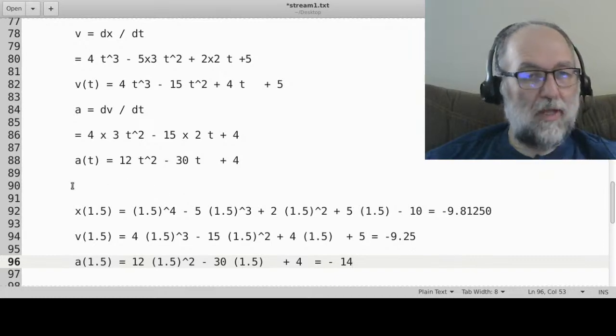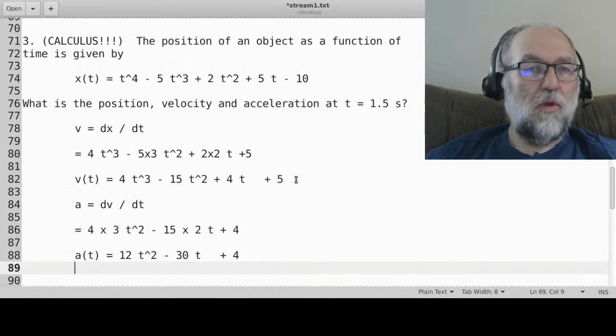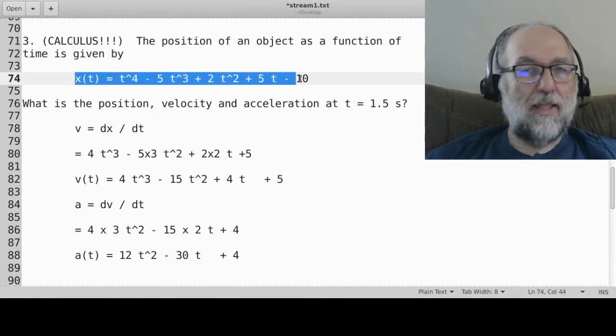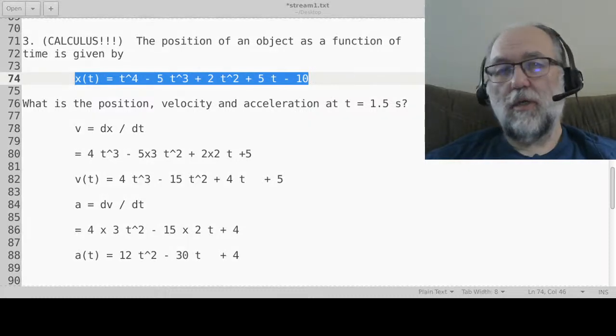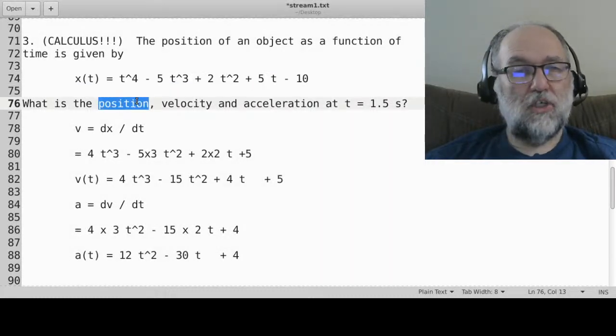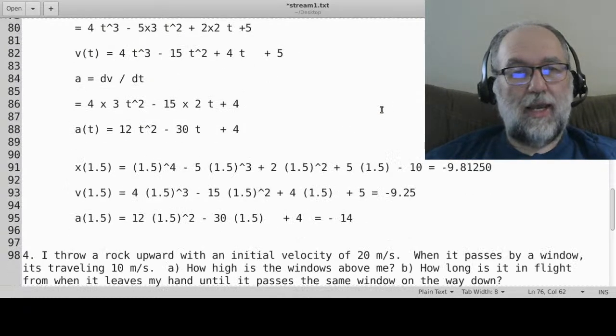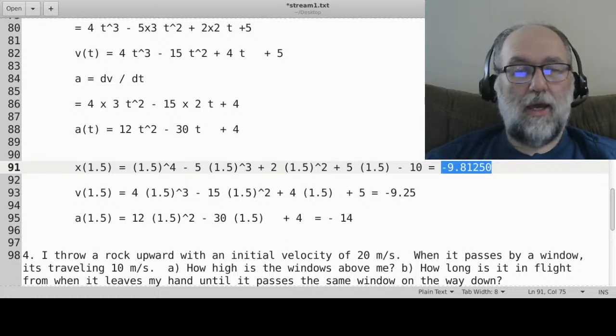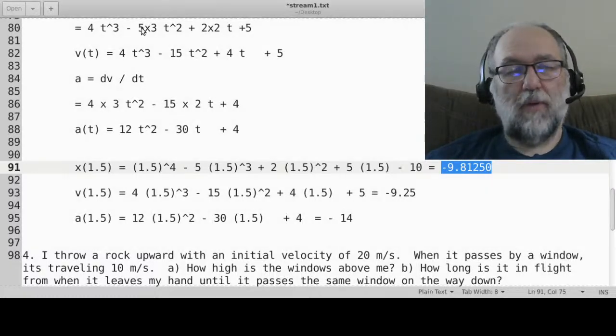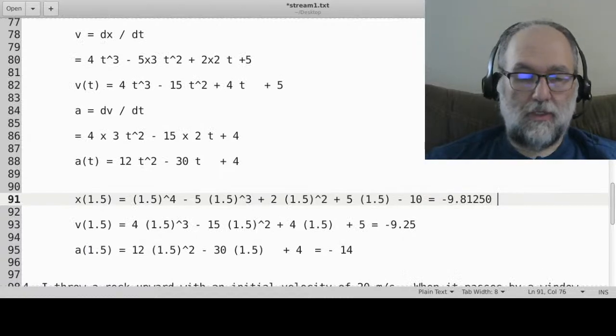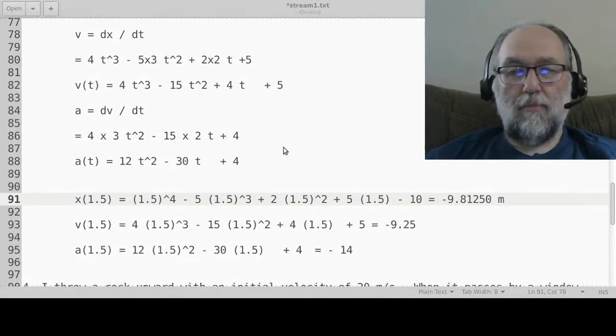So did we answer the question? Well, the question was, given that position function, calculate the position, velocity, and acceleration at 1.5 seconds. This is the position at 1.5 seconds. I didn't give you units here, but assuming they're MKS units, that would be meters, so negative 9.81250 meters on the negative side of the axis.